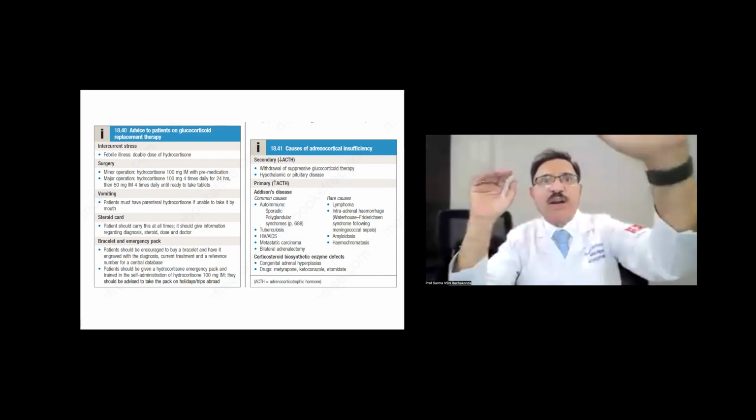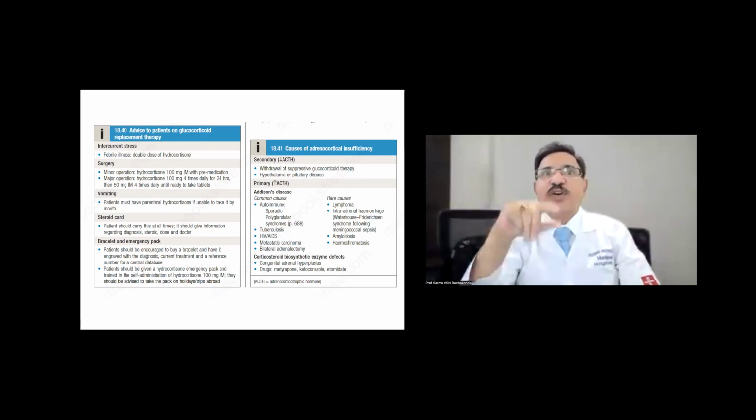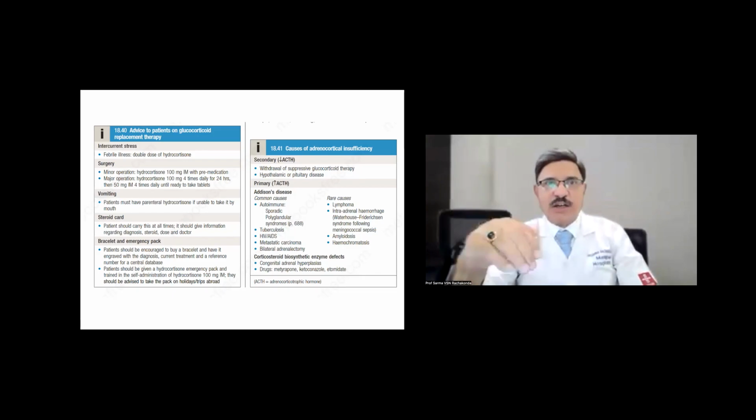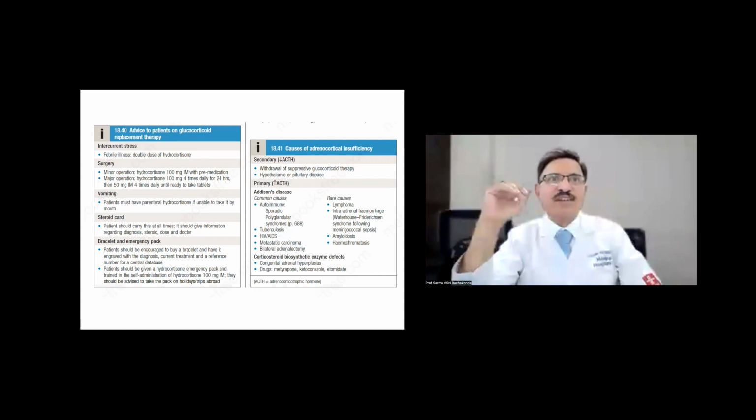So looking at the band itself, the clinician knows this fellow is on an anticoagulant. Patients should carry the steroid card: what steroid they are taking, how much they are taking. So when the clinician sees fever, 102, he doubles the dose. If you don't do that, you have not withdrawn, but the steroid you are giving is not sufficient and it precipitates acute adrenal insufficiency.